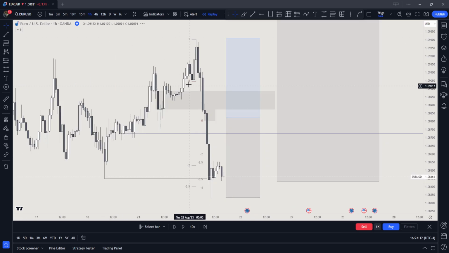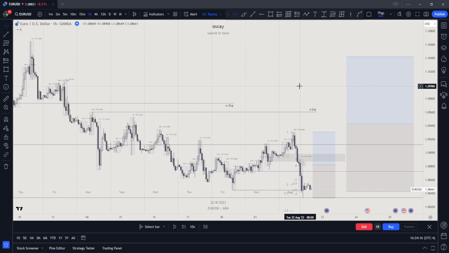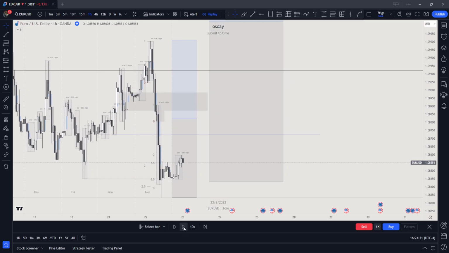If we manipulate upwards on Wednesday from this crazy news, there's like 1, 2, 3 news, 4 actually. Then I'll be looking for shorts.